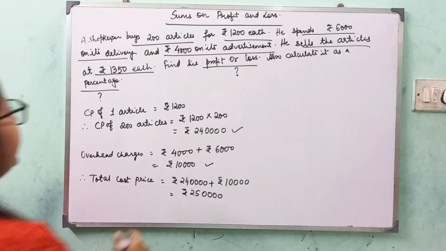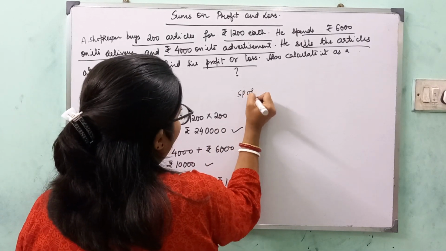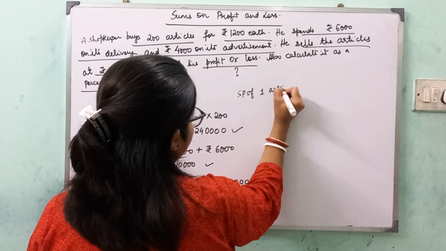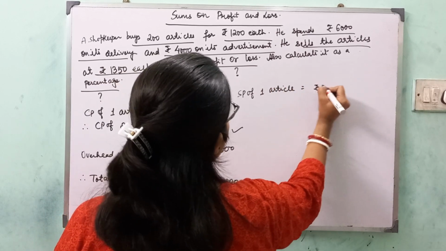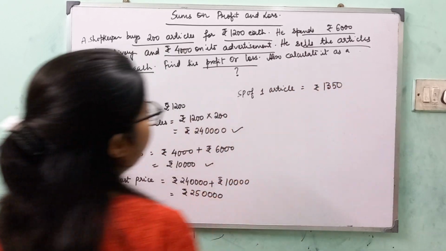Now when he is selling, what is the SP of one article? That is rupees 1,350.